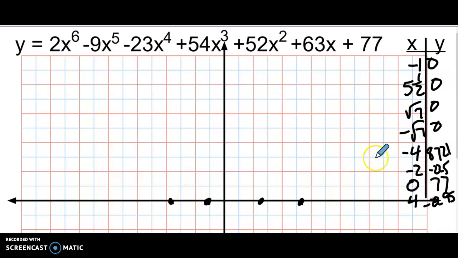Okay, so in my calculator, I put -4 in for x up here. Ended up getting 8,721. Good grief. So I'm going to go by thousands here. 1,000, 2,000, 3, 4, 5, 6, 7, 8. There's 9,000. So -4 is way up here.